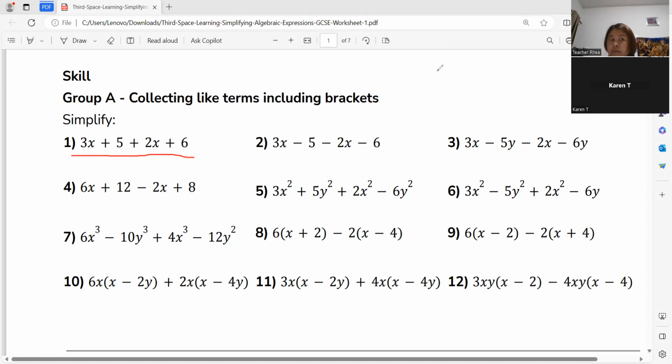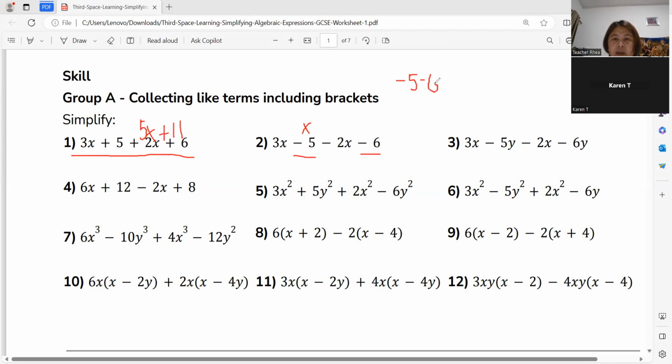5x plus 11. Very good. How about number 2? 1x minus 1. Okay, no need to put the coefficient 1, so x. Is it minus 1? So we have -5, -6.